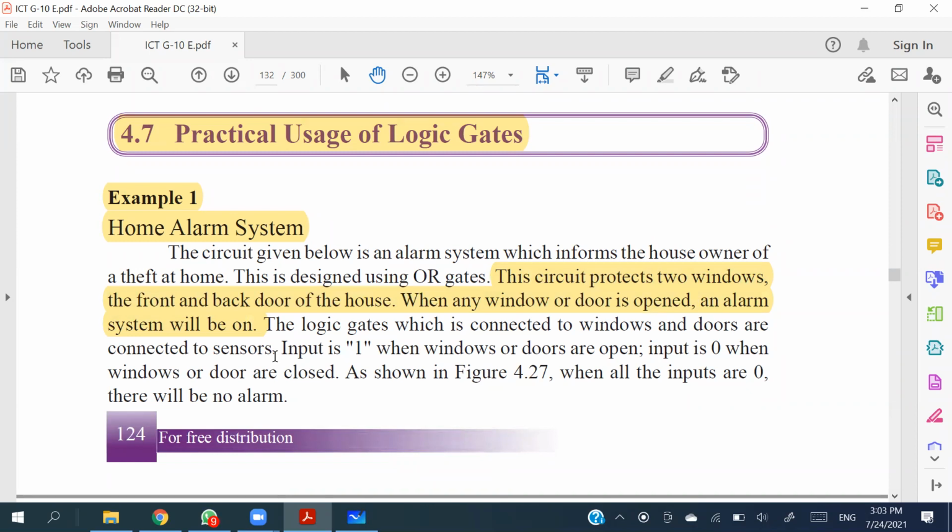Right, only the highlighted parts. Yeah, continue up to this point, people.